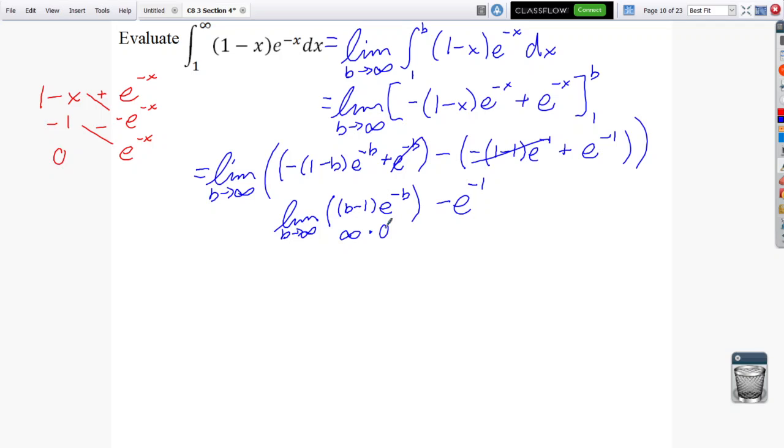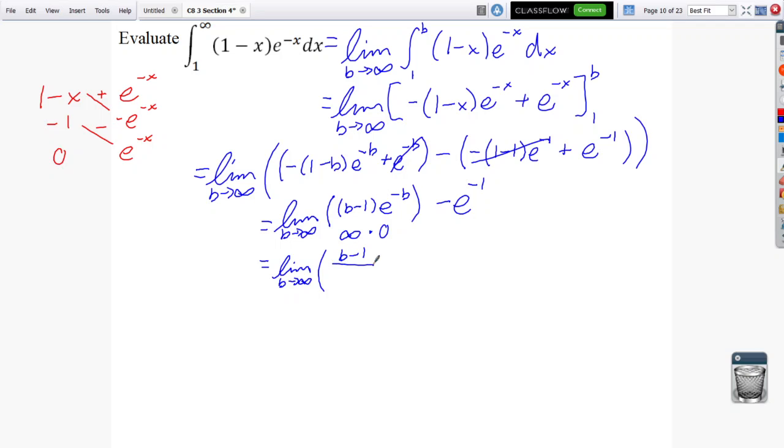The problem is that it's an indeterminate form, and it's not the fractional indeterminate form, so we need to adjust it into fractional indeterminate form. We get limit as b approaches infinity of, we look for which one's easier to reciprocate, b minus 1 or e to the negative b.